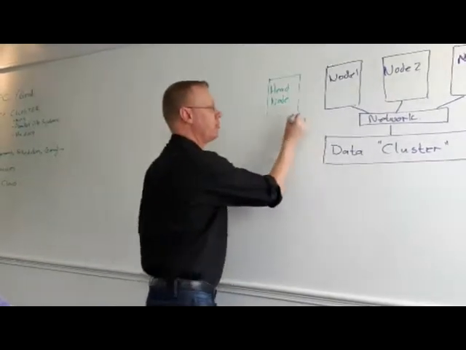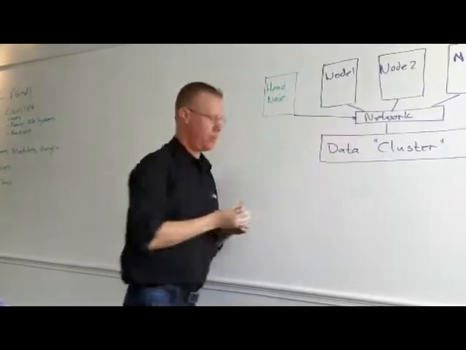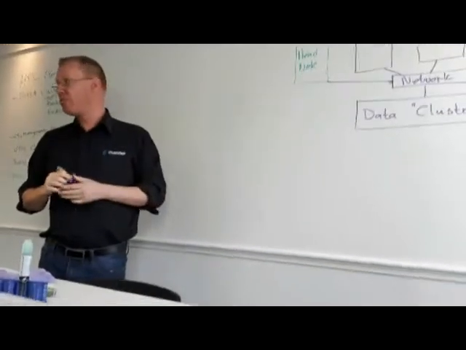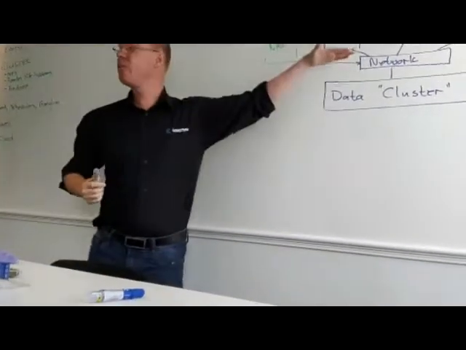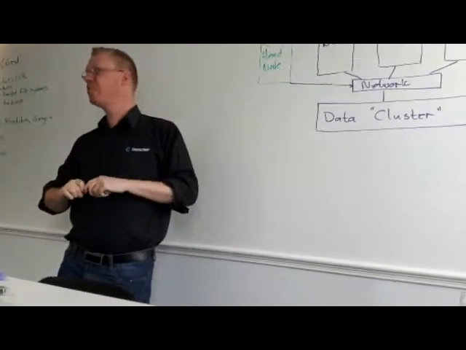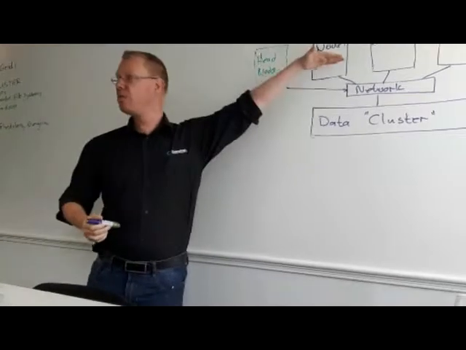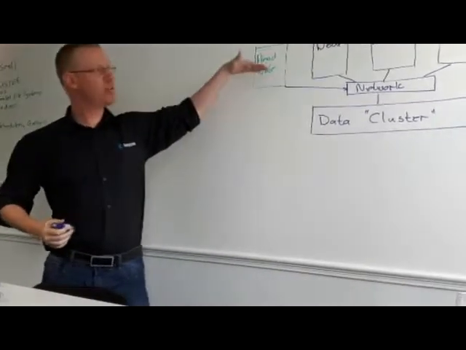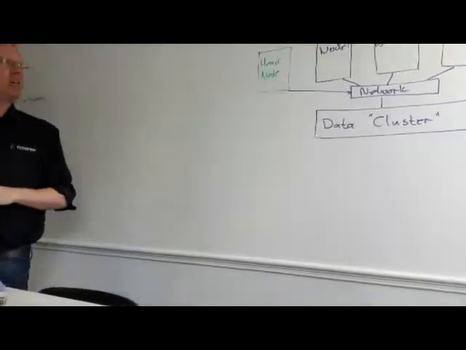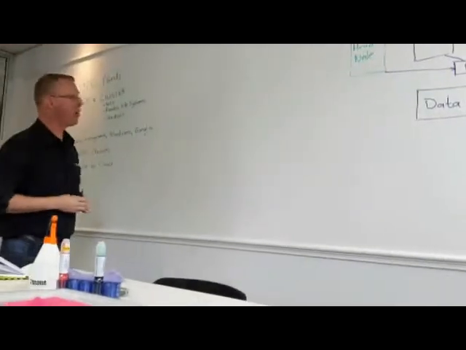The green one as well is connected. So those are pretty much the basic components. You've got network, and various reasons why you choose various different types of networks. You've got your compute nodes, and you've got a head node to do the management and a data cluster. And that is the basic structure of high performance computing.